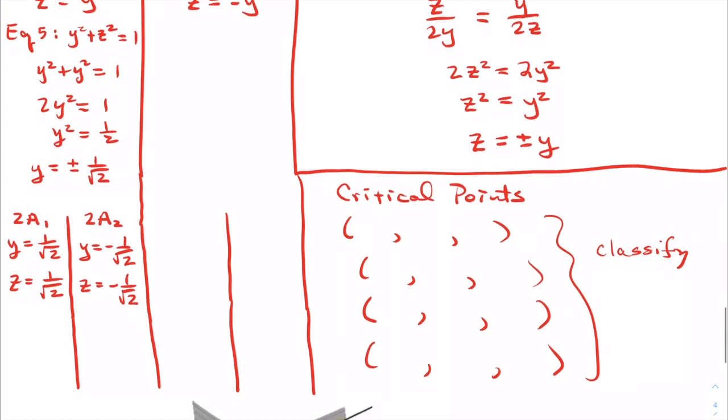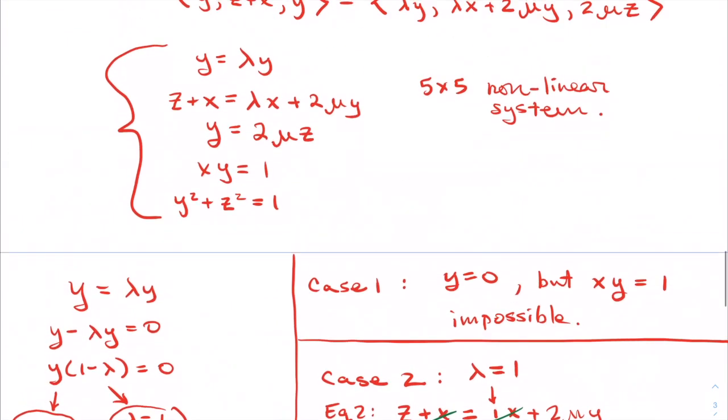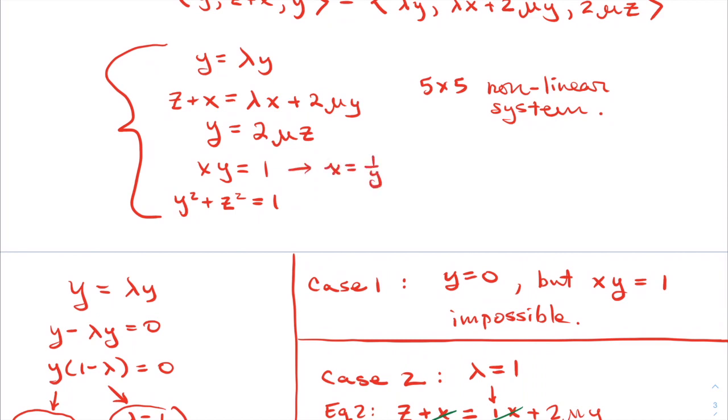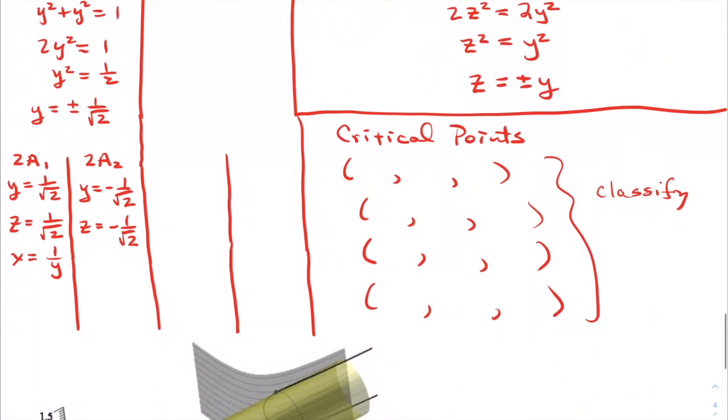Now don't forget, x is 1 over y, and that comes from equation 4 in the system. X is 1 over y. Alright, so that means x will be just the square root of 2.